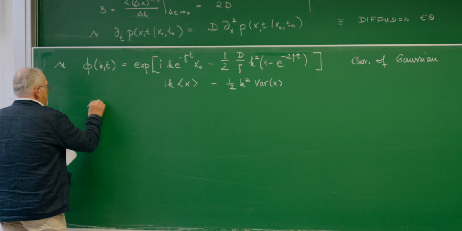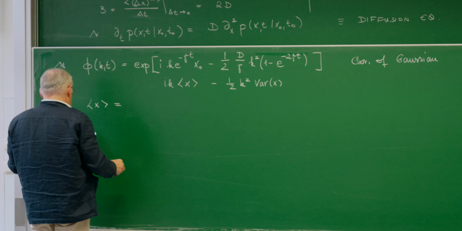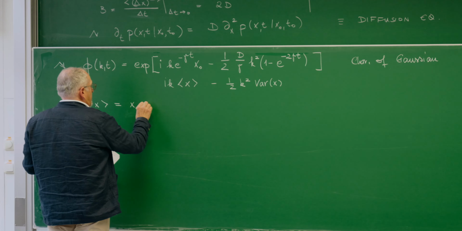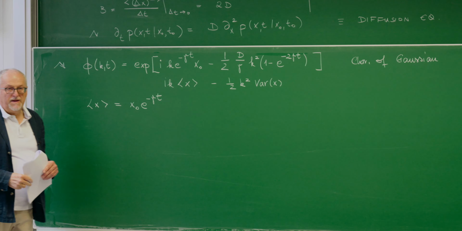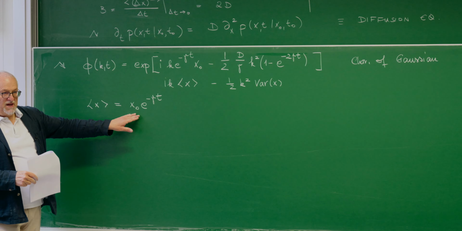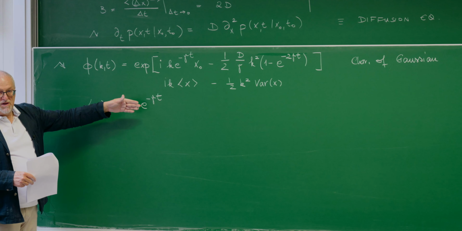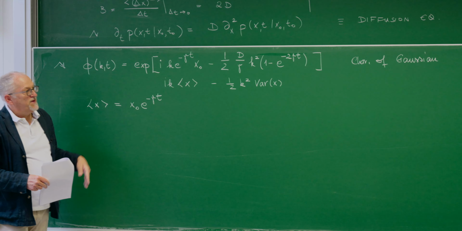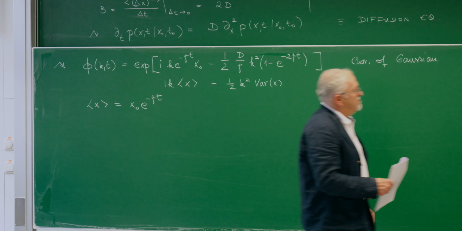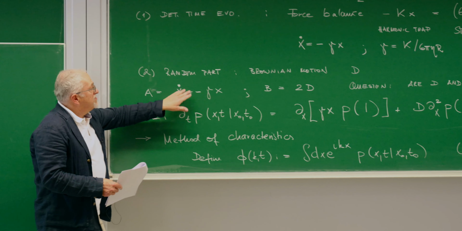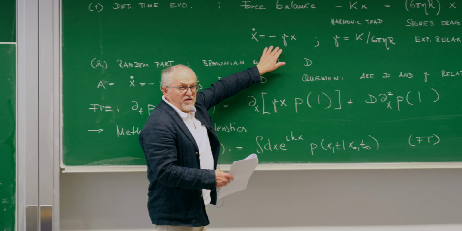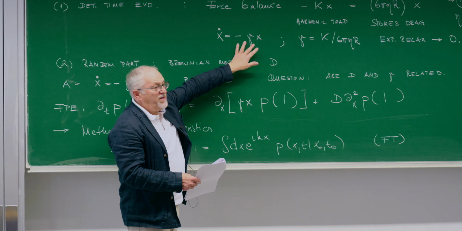So what we get is that the mean of x equals the initial condition times e to the minus gamma t. That should not surprise us because that's simply the relaxation of our particle that comes from the deterministic solution. When we started writing down the differential equation in deterministic form, x dot is minus gamma x.